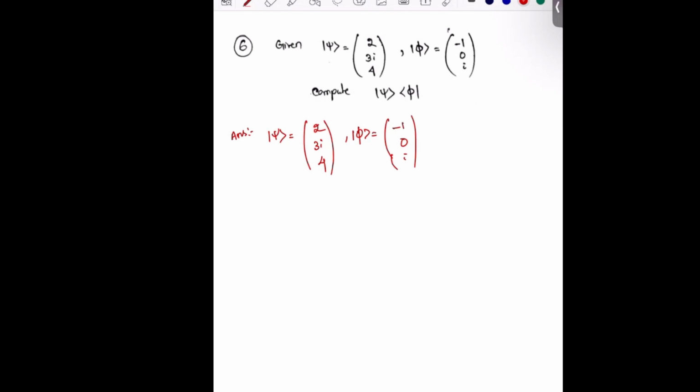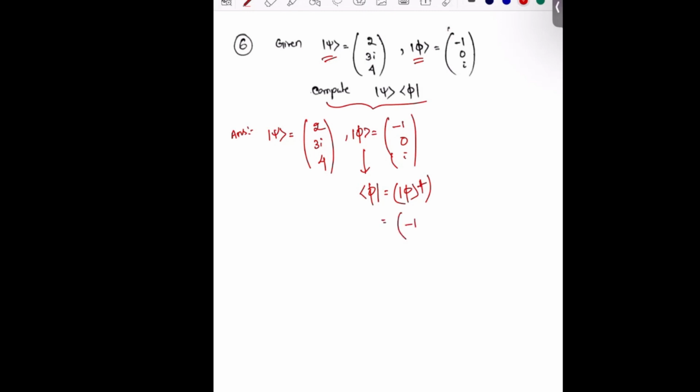Now it is given that psi is this and phi is this. Now you want to find the value of this one. I think it's easy. You have to just find the bra vector for this, which is nothing but the dagger of this, right? So this will become minus 1, 0, minus i.